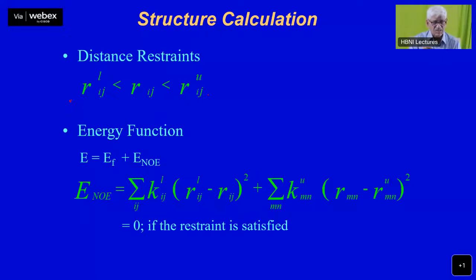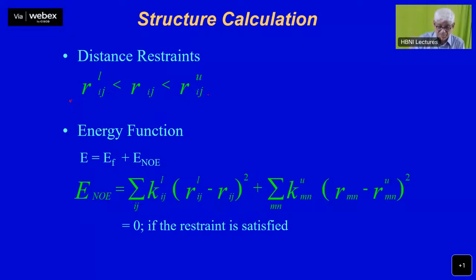And then you keep optimizing this model until this condition is satisfied for both the upper limits and the lower limits. If the restraint is satisfied, you put a value 0.